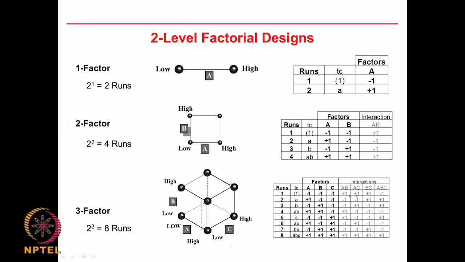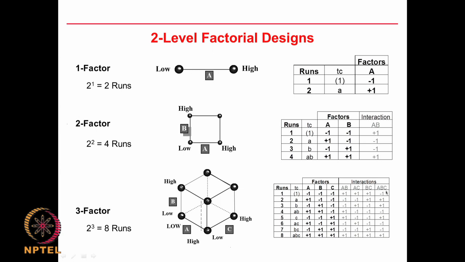So, minus minus minus will give you minus, plus minus minus will give you plus, minus plus minus will give you plus, plus plus minus will give you minus, minus minus plus will give you plus, plus minus plus will give you minus, minus plus plus will give you minus, plus plus plus will give you plus.